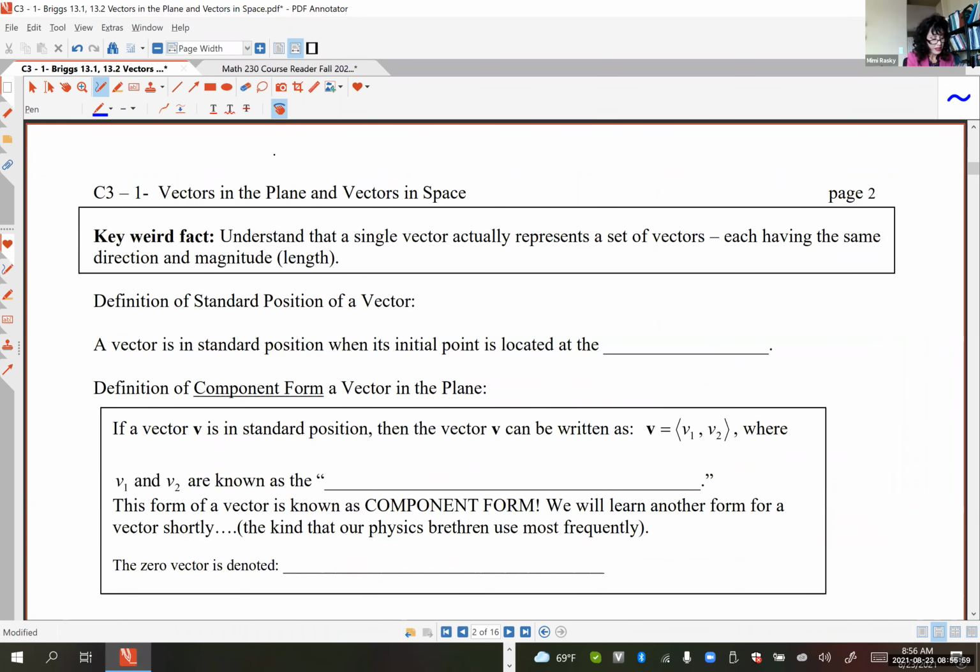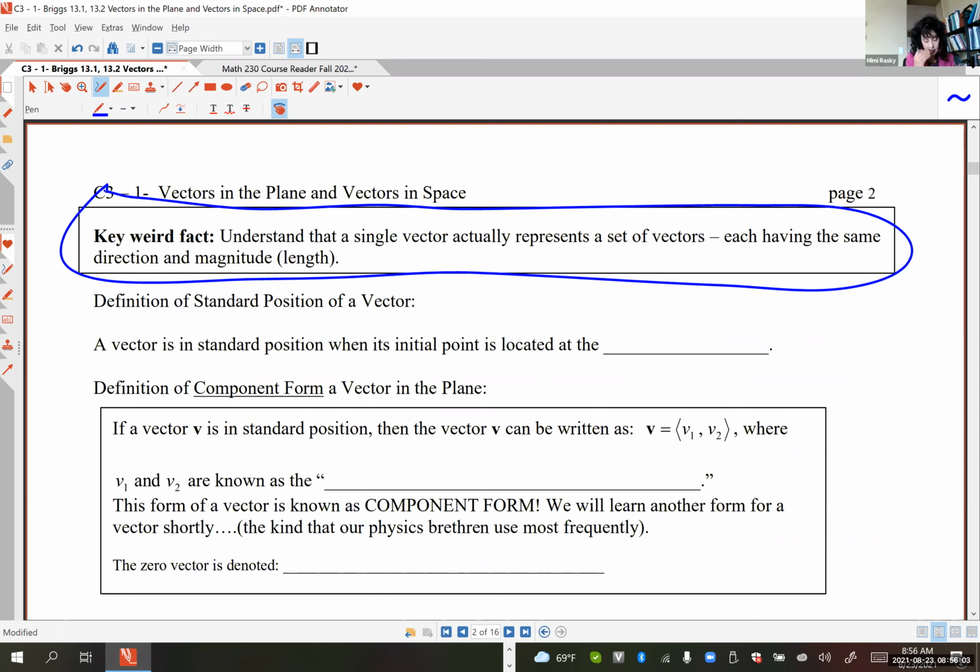And you may think that this key weird fact has no bearing on you, but today you're going to see that it will matter. And in physics, it matters too. The reason is it means that anytime we're given a vector, as long as we maintain its integrity, how long it is and where it's pointing, you can move it around anywhere you need to help you out.